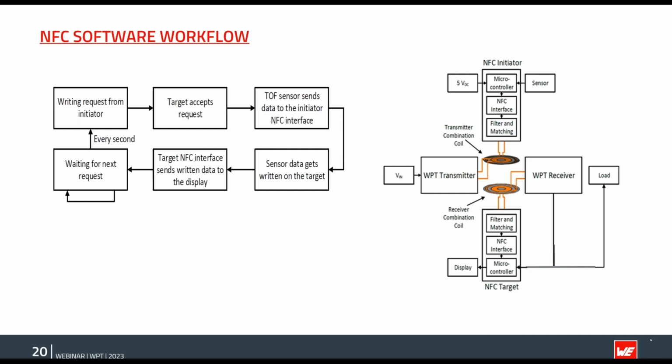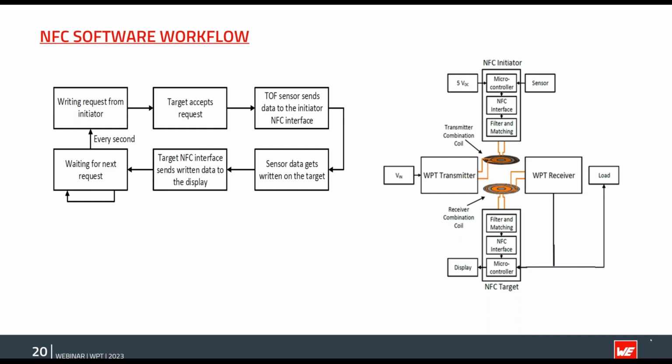The sensor then writes the data onto the target, and at the target side it is displayed on the display that we have connected, and then it pings the initiator again for the next request. And this happens every few seconds, where the target receives a request and accepts it, and the time of flight sensor then measures the distance and displays it on the target side.